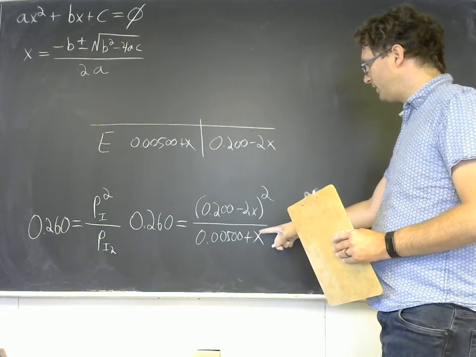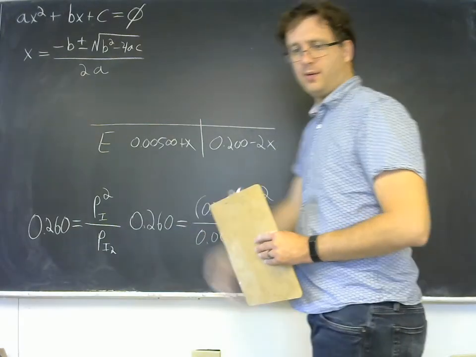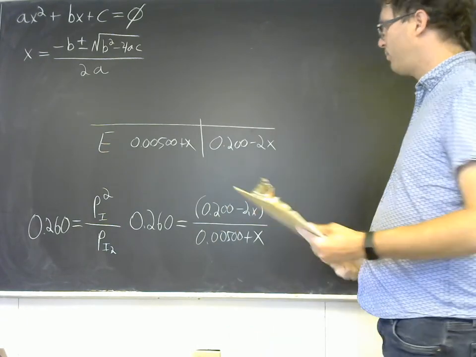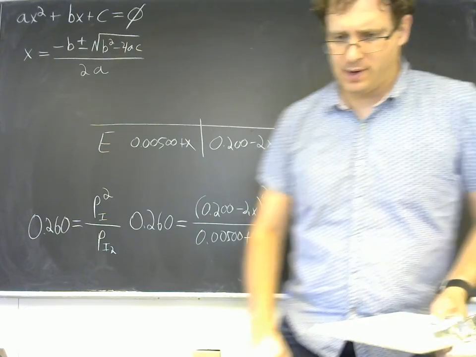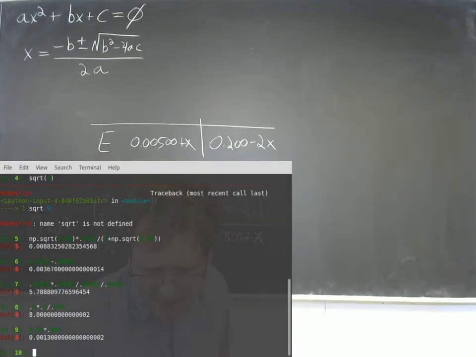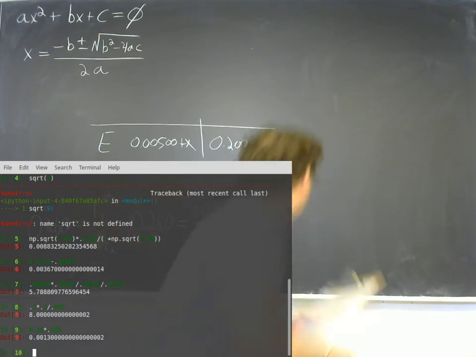take our denominator and multiply it over to the left side, and distribute that 0.260 through. So 0.26 times 0.005, that's going to equal 0.0013.